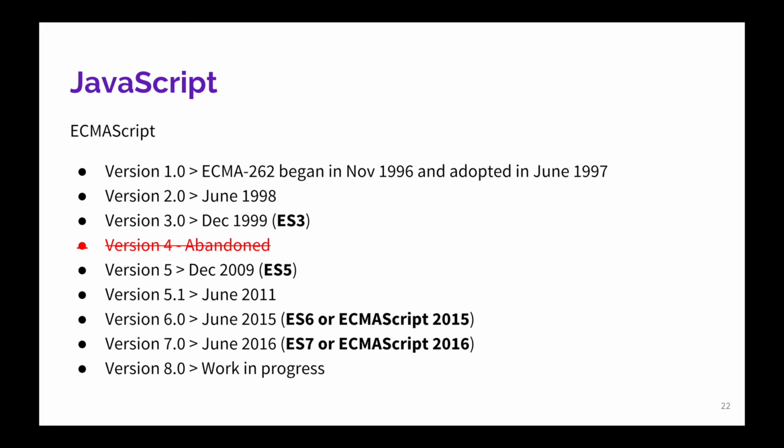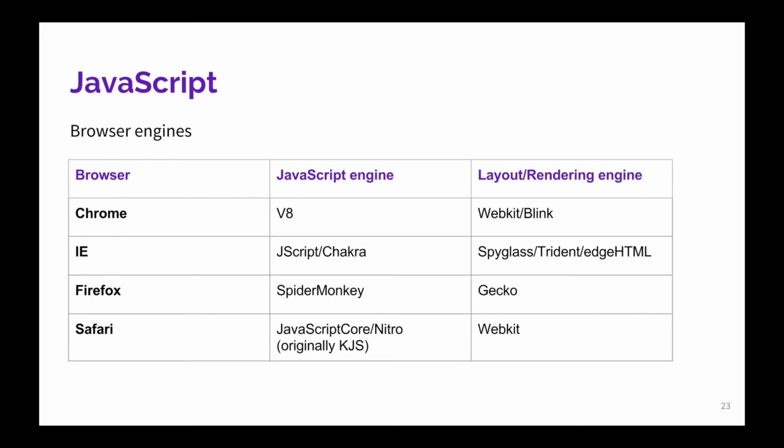So you can see one more thing here. I have listed the JavaScript engine as well as the rendering engine. The rendering engine is the one which would render HTML documents. Then when it finds JavaScript, that JavaScript will be given to the JavaScript engine for interpretation.